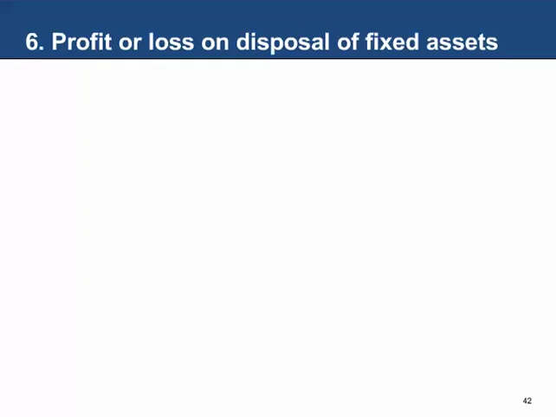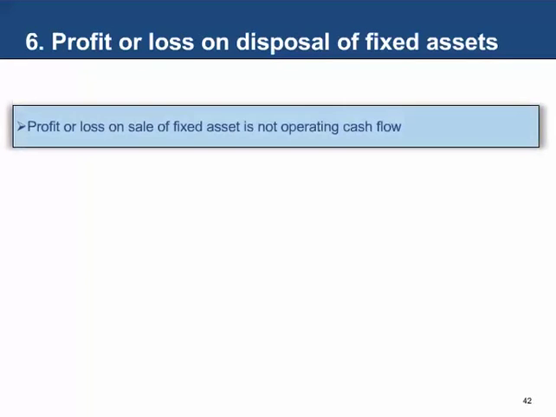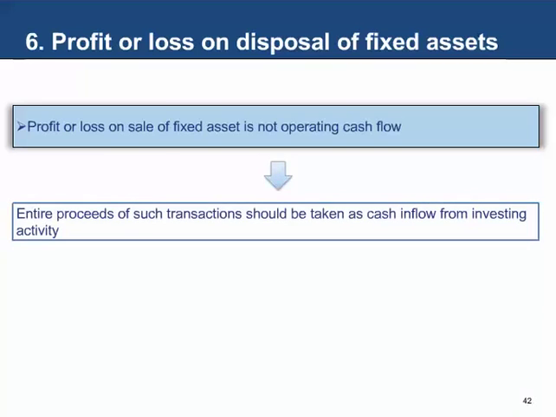So now we come down to identifying types of cash flows in case of profit or loss on disposal of fixed assets. Profit or loss on sale of fixed assets is not an operating cash inflow. Again, the basic premise is, since fixed assets themselves are classified as investing cash flows, the related profit or loss or the cash inflows due to sale of fixed assets would be classified as investing activities.